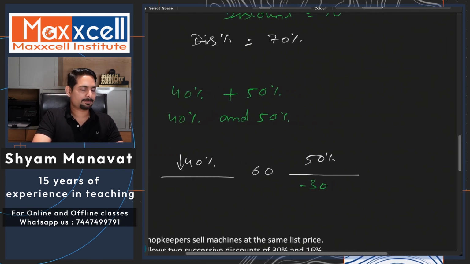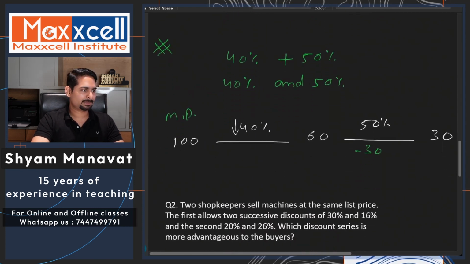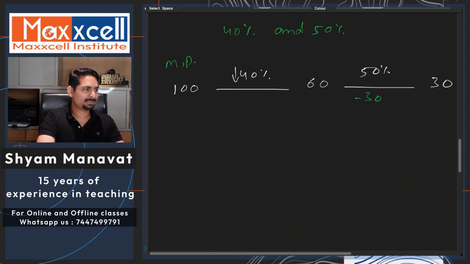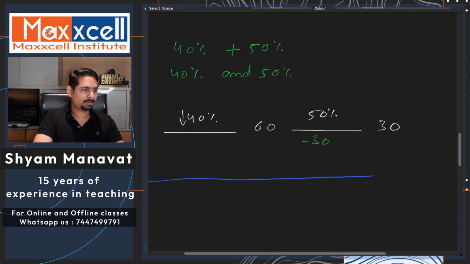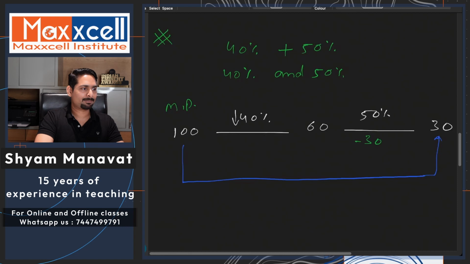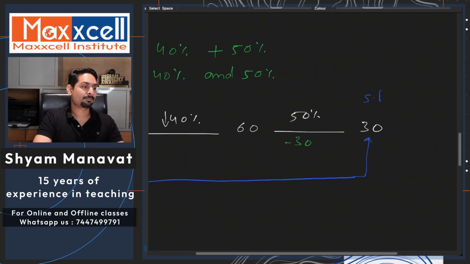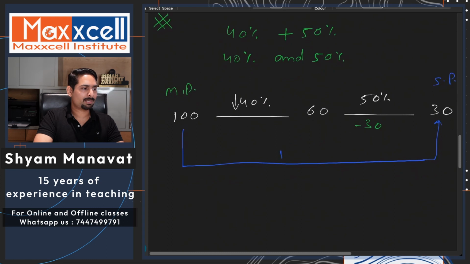You get 30. Okay, see the magic, see the magic. You started from 100 and you ended with 30. Mark price you kept as 100 and the selling price you got to be 30. Okay, so here also if I see the mark price minus selling price, the discount value is again 70.